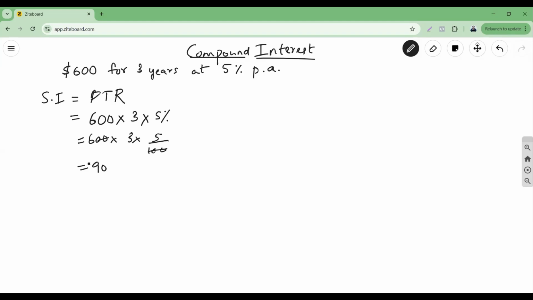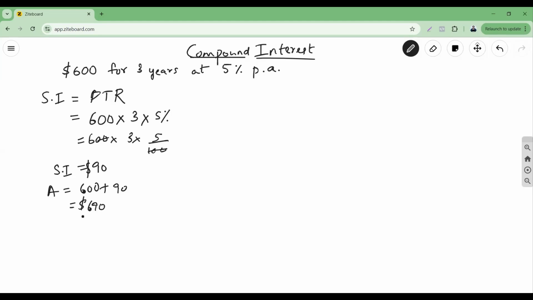So the extra you are going to get is $90, the interest. At the end of 3 years, the amount you're going to get is not only $600, it's also going to include $90 of interest.